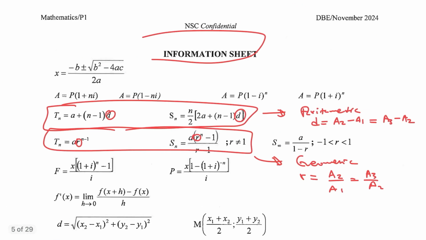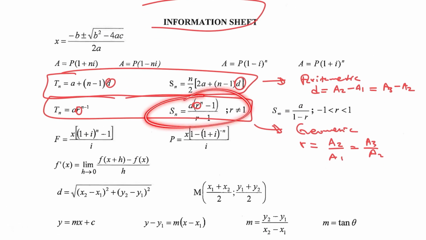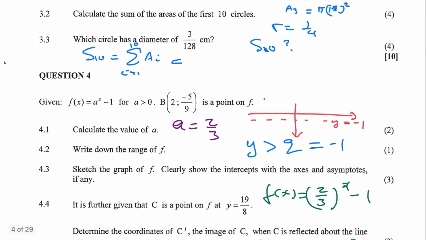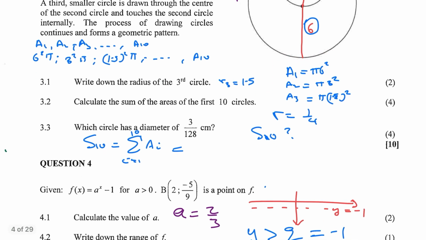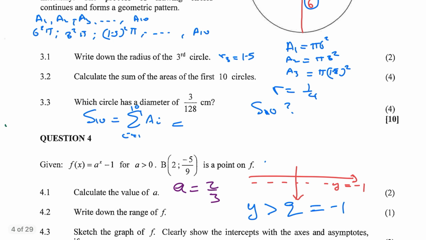So we're using this formula, where Sn is equal to a times (r to the power n minus 1) over (r minus 1). r we know, and a is your first term, which is 6 squared pi.